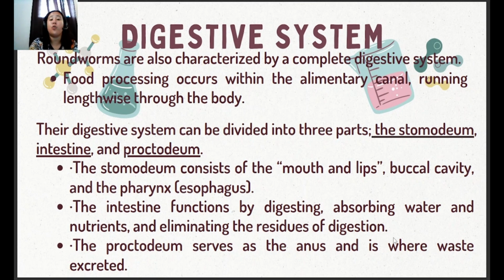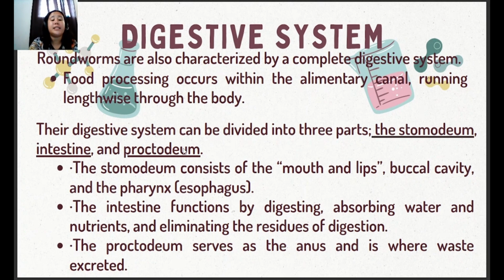The next is the roundworm's digestive system. And yes, they have a digestive system. Roundworms are also characterized by a complete digestive system. Food processing occurs within the alimentary canal running lengthwise through the body.